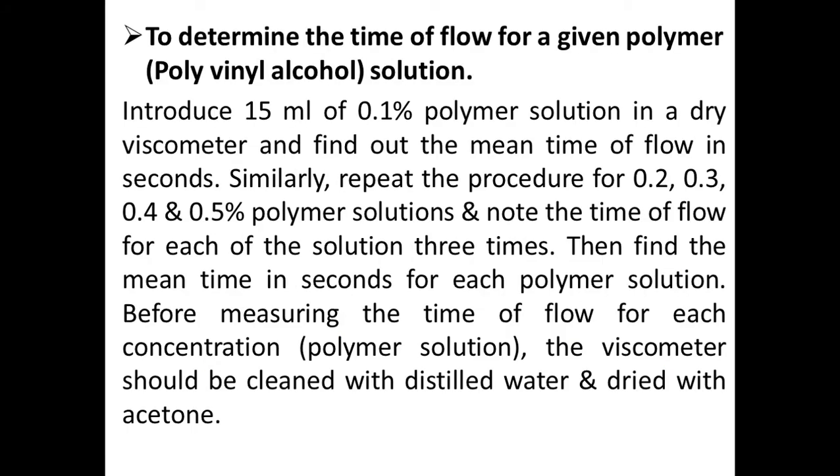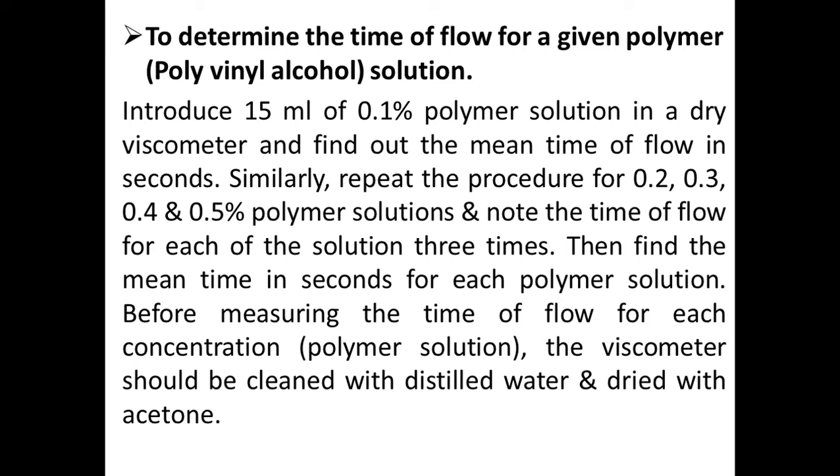Next, we will come to determine the time of flow for a given polymer, that is polyvinyl alcohol solution. First, for viscometer, we will take a time of flow for pure solvent. Next, we will introduce 15 ml of 0.1% polymer solution in a dry viscometer and find out the mean time of flow in seconds.